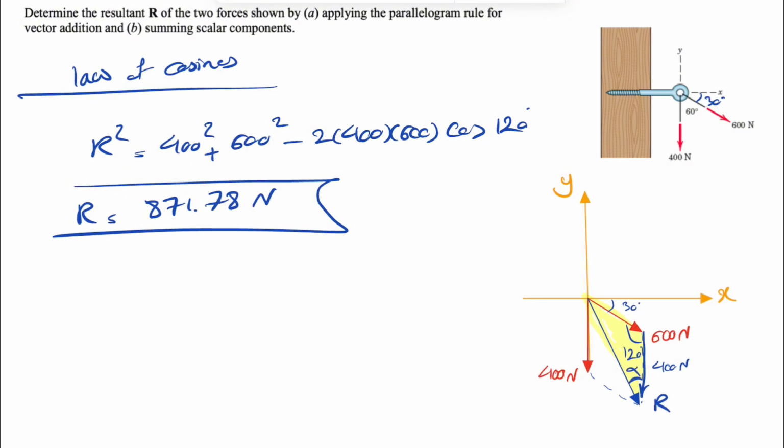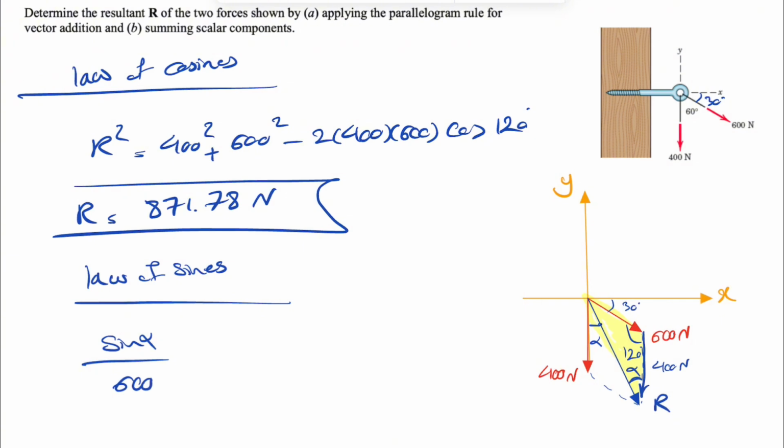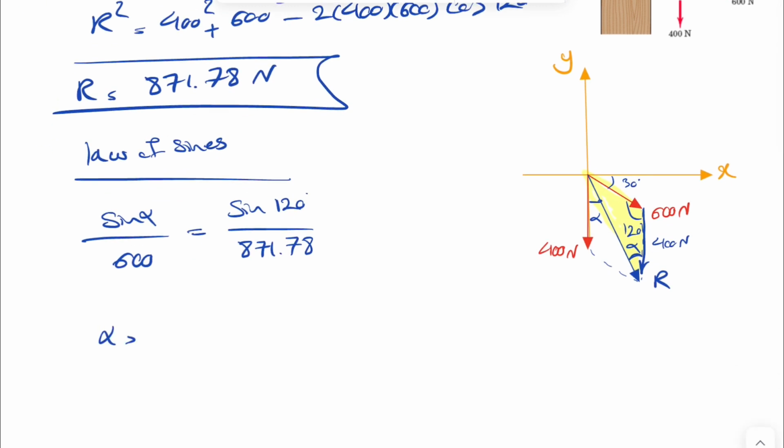So now if we want to find the angle that it makes with our vertical y-axis, we can call this angle here alpha. If we this time use the law of sines, we're going to have sine of alpha over the side in front of that, which would be the 600 newton force, equals sine of 120 over our R, which was 871.78. So alpha would be sine inverse of 600 sine of 120 over 871.78.